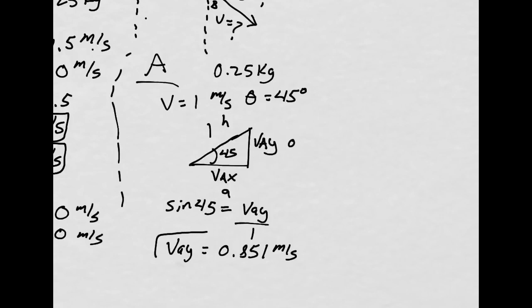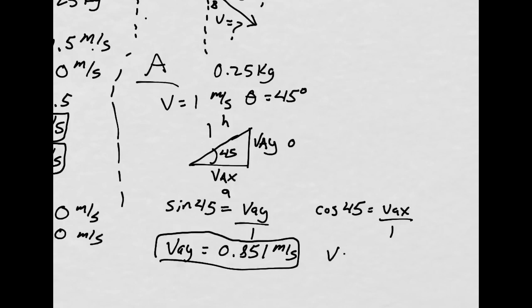Let's box that because it's an answer. And then cosine of 45 equals V_AX over 1. So cosine of 45 degrees gives V_AX of 0.525 meters per second.